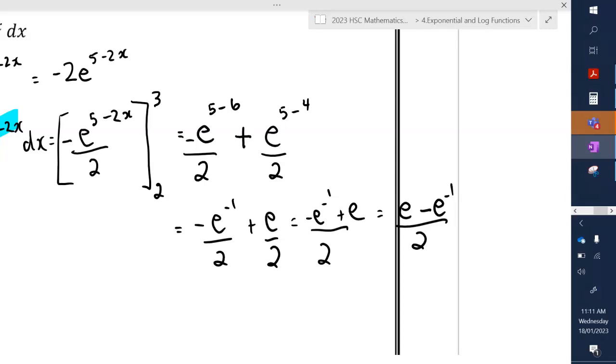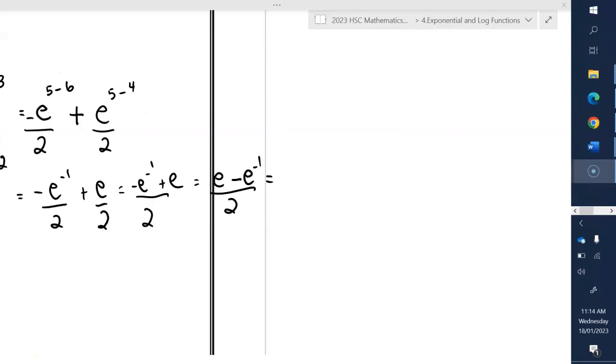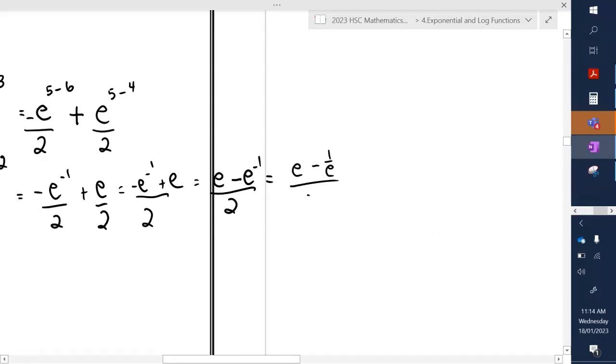Or we could leave it like this, or we could actually factorize this one a little bit further. So I've had a couple of goes of factorizing this one to neaten it up. I would probably leave it like that. What we could do though is do something, if you see it, you might write the top line like that, and I'll show you how to do that from back here in a second.